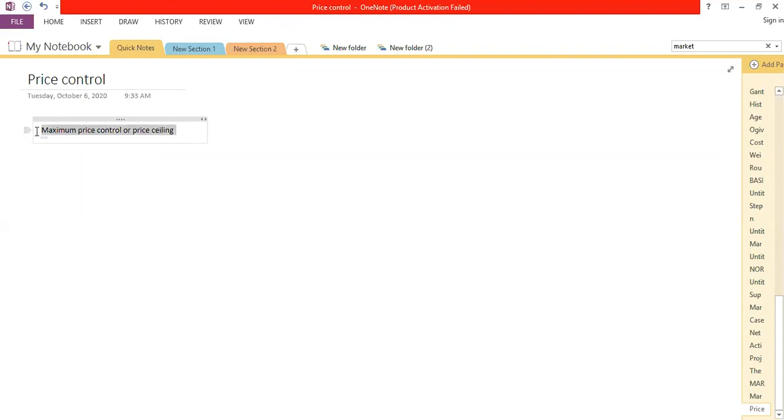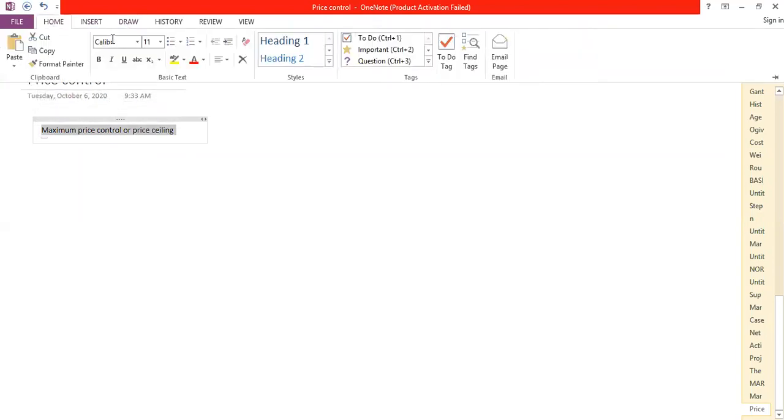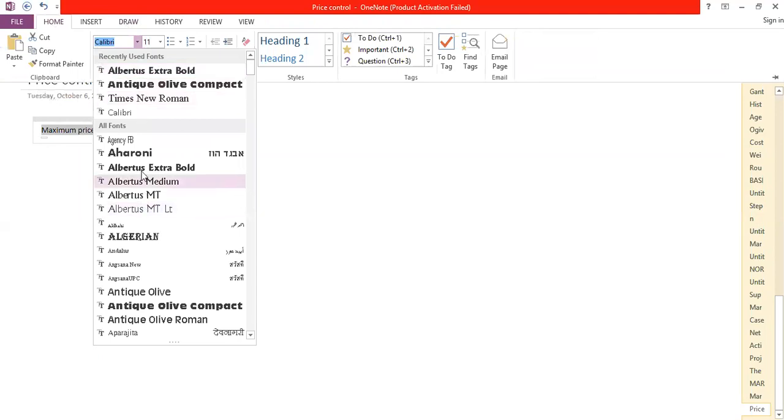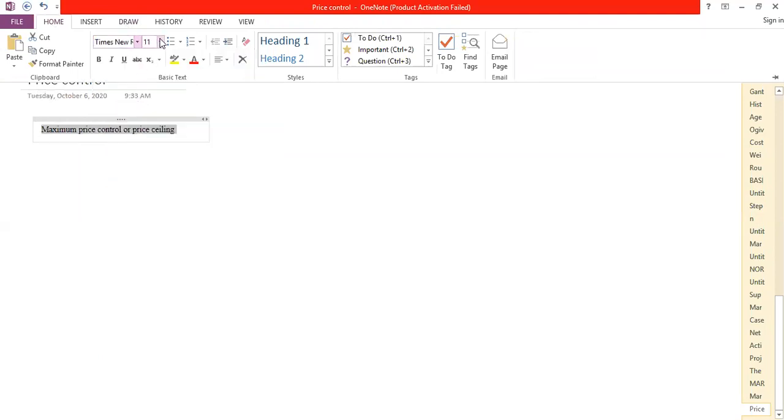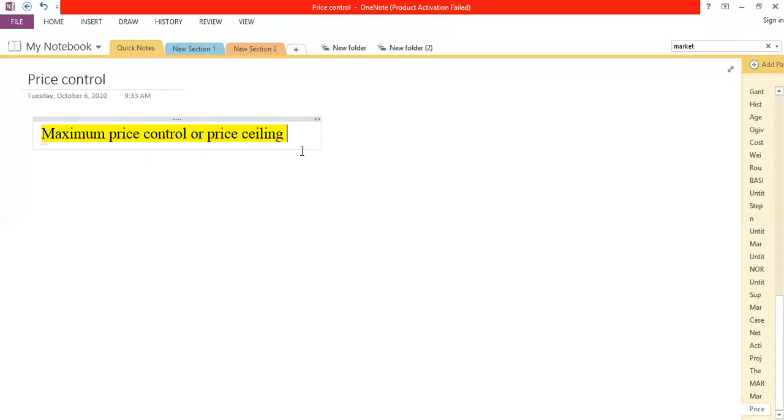This is the highest price to which a commodity would rise in the market, usually set by the government. If you are a supplier of a commodity whose maximum price is set by the government, the product cannot be sold beyond this particular price.